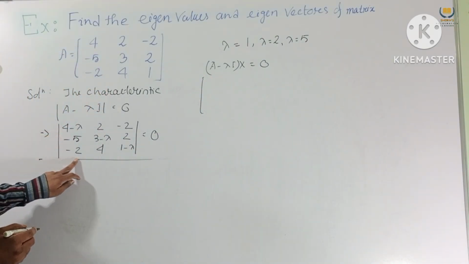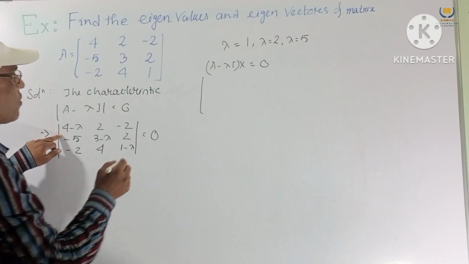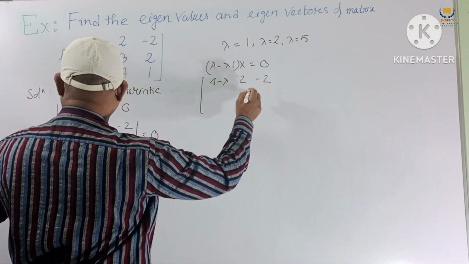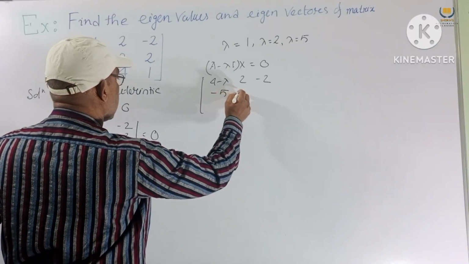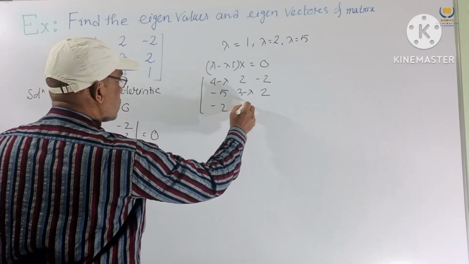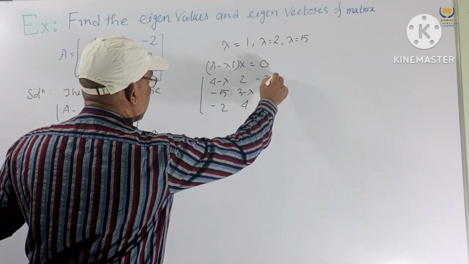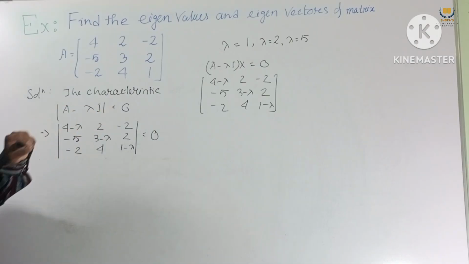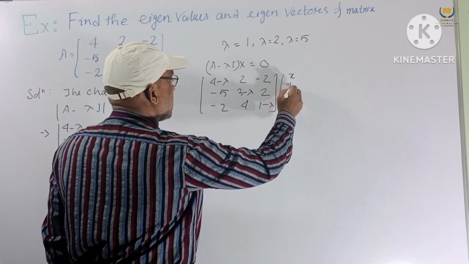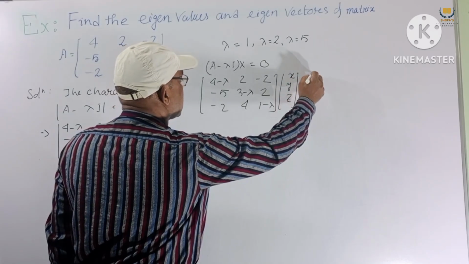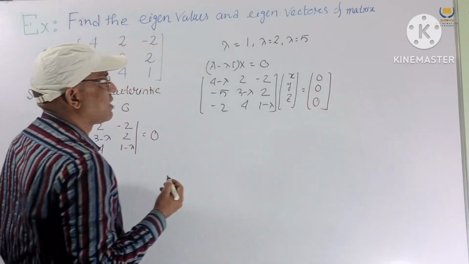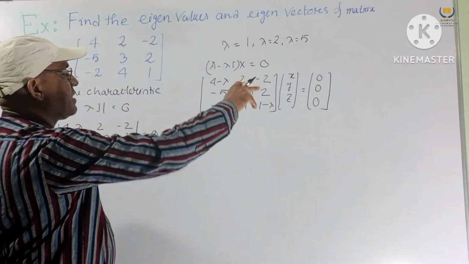This is A minus lambda I: 4 minus lambda, 2, minus 2; minus 5, 3 minus lambda, 2; minus 2, 4, 1 minus lambda. Just I have written this, and x means we consider x, y, z, and right hand side is 0, 0, 0. We get this one.